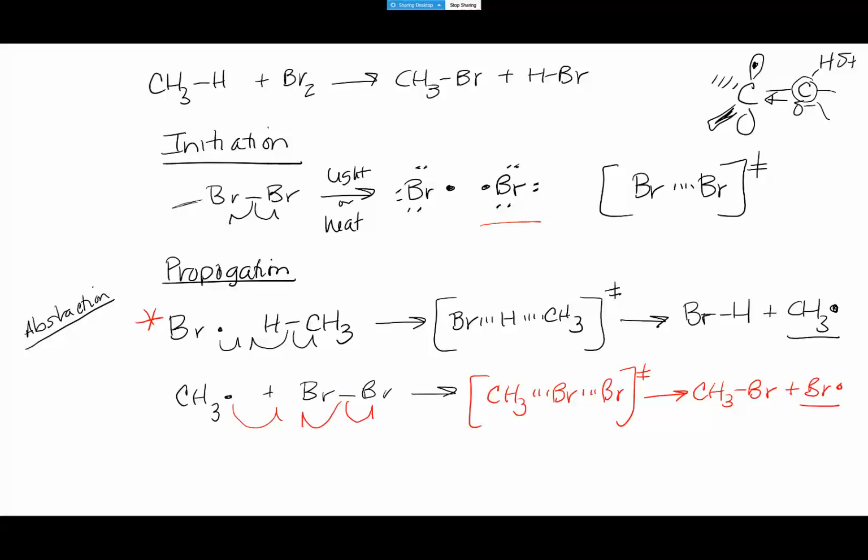So if I wanted to know what the delta H of that reaction would be, well, it's going to take me so much energy to break the C-H bond, and I'm going to get back so much energy by forming the HBr bond, and so it would tell me whether that step is endo or exothermic. That is going to be important.